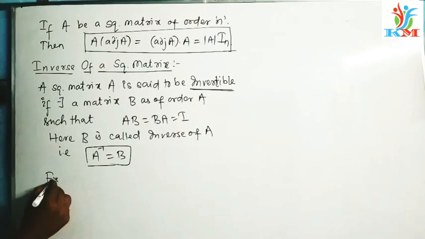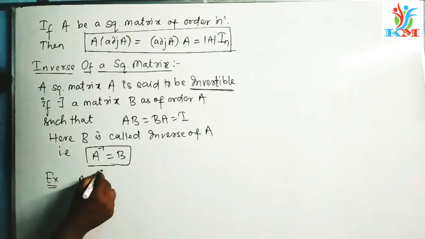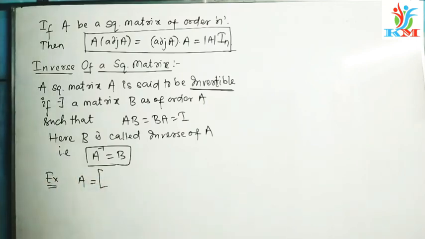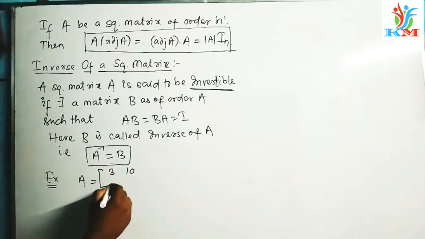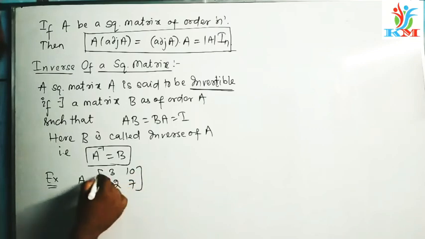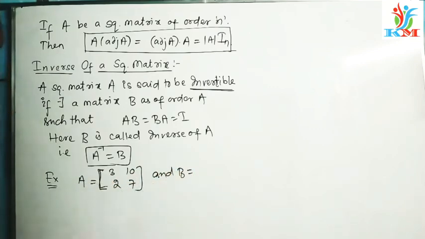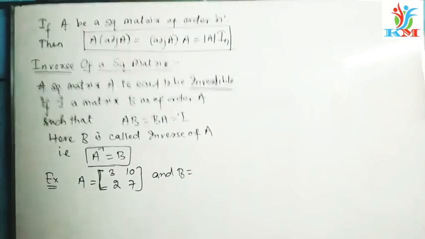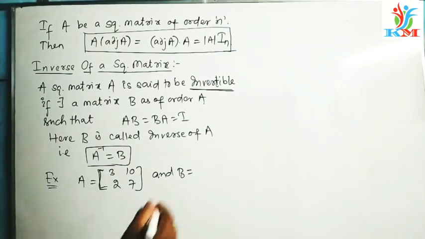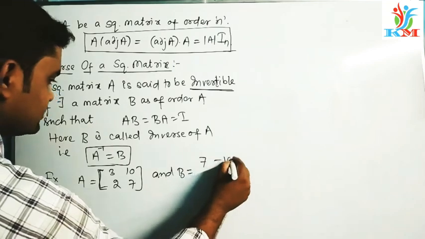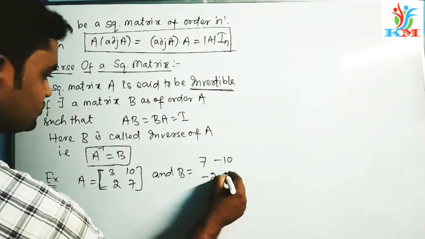Look at an example here. If we take A equal to 3, 10, 2, 7, a square matrix of order 2, and B equal to 7, minus 10, minus 2, 3.